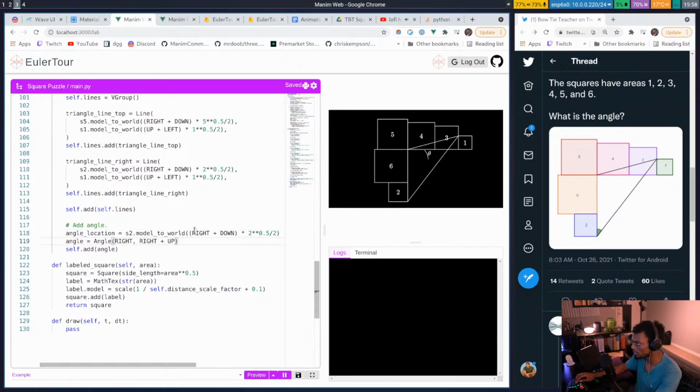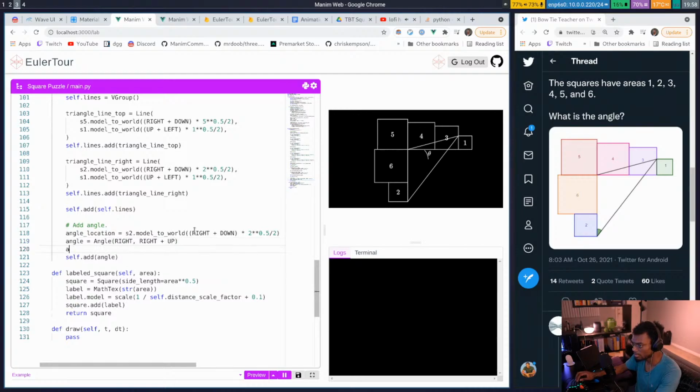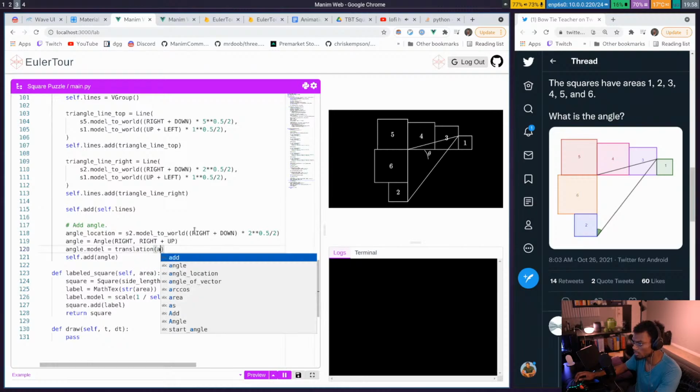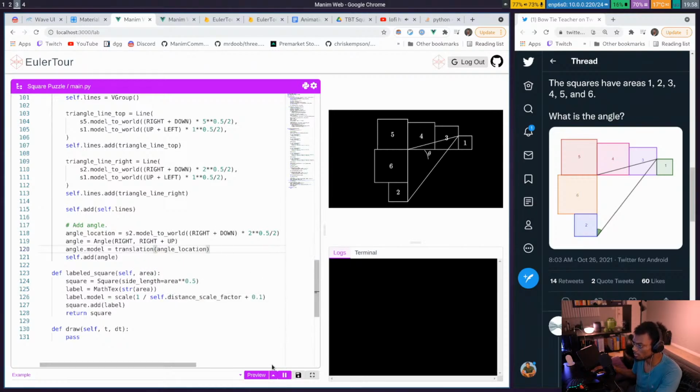So this angle, right and right plus up, won't be correct. It won't be the correct place, but I'll do angle.model. Okay, so that moved the angle there.